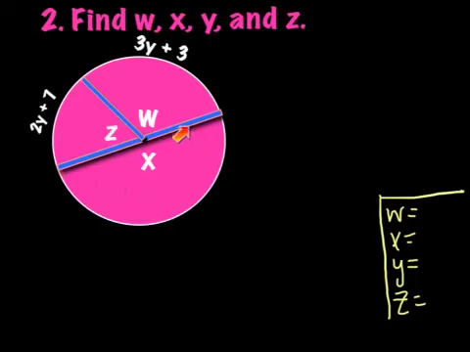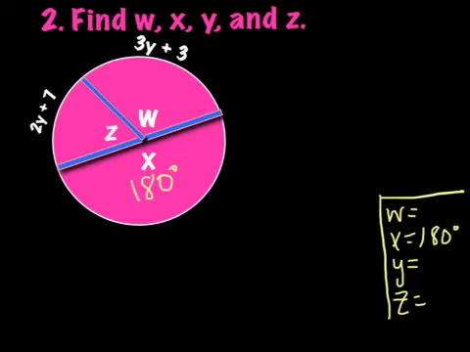This is angle x. What degree do you think this is? Well, what degree is half of a circle? Okay, if you're thinking it's 180 degrees, you are correct, because half a circle is 180. A full circle would be 360. So that's how we're going to solve for x. It's 180 degrees.